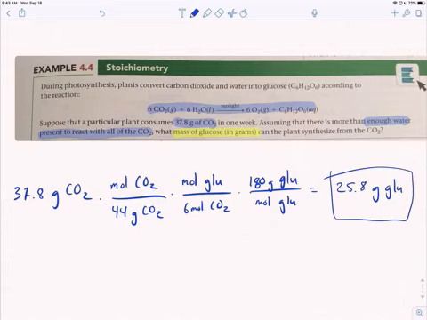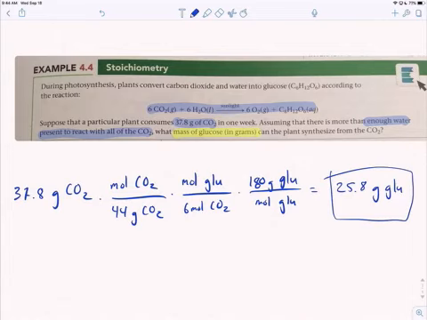Okay, so a recap with this one. Reading the problem, we've determined that the problem is asking for the mass of glucose in grams. The given information that's important is that we start with 37.8 grams of carbon dioxide, and there's way too much water. There's tons of water, so we don't have to worry about the water.